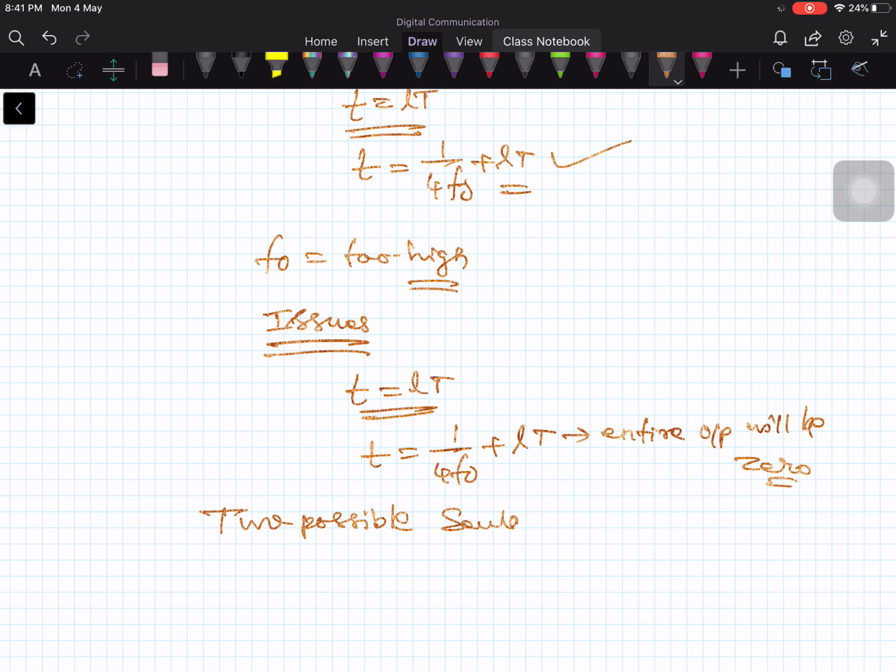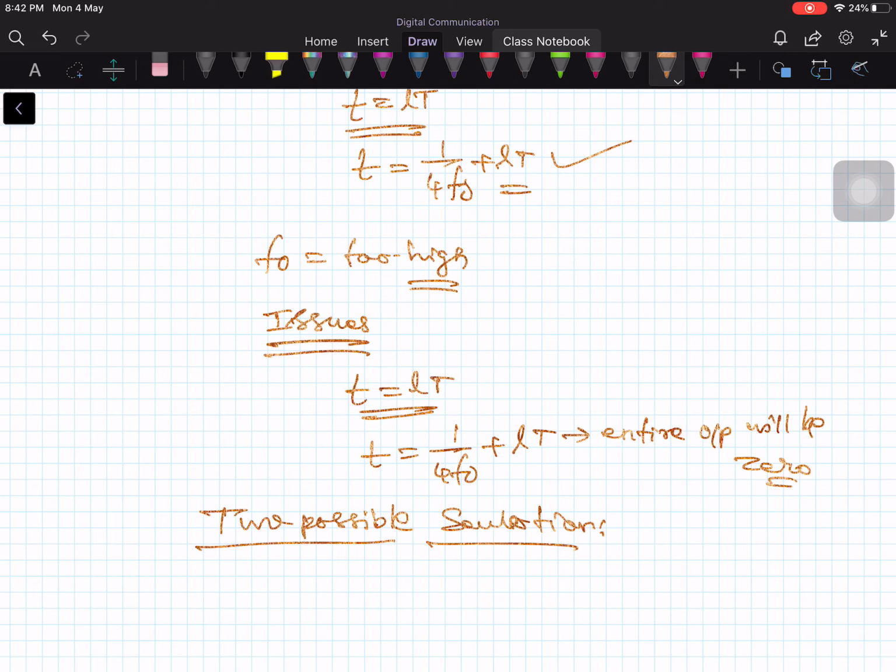Don't go to very high frequency. That is a very simple, straightforward, trivial solution. One is to use a carrier frequency which is small enough, but of course that is not going to be under our control. One cannot decide to use this frequency or that frequency. It really depends on the communication system you are working on. For example, if you are working with a microwave carrier frequency, then you don't have any choice, the frequency is very high.